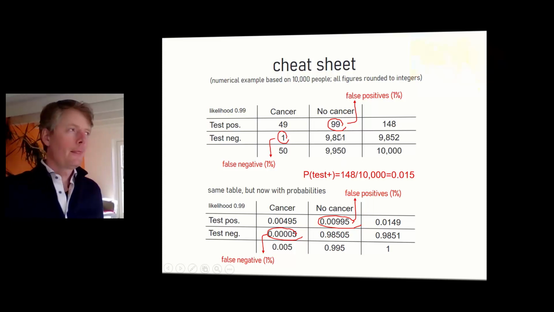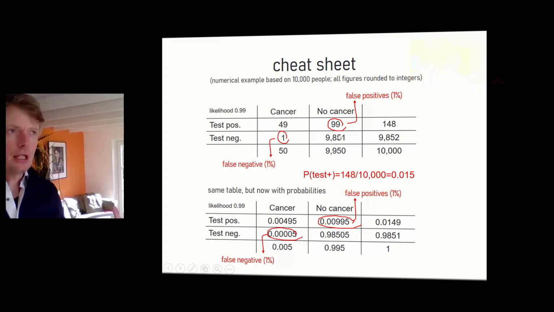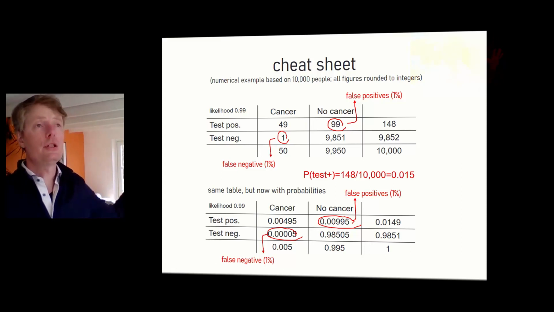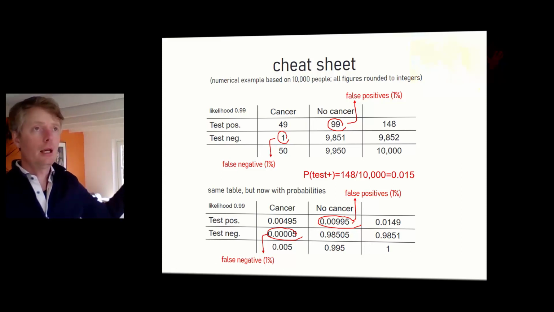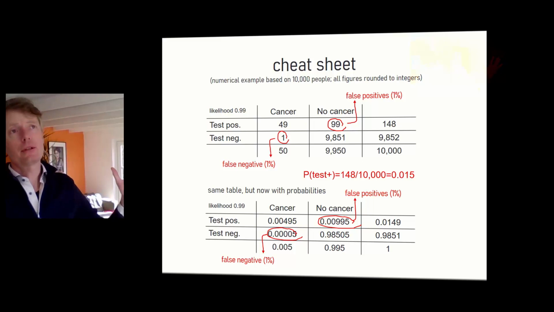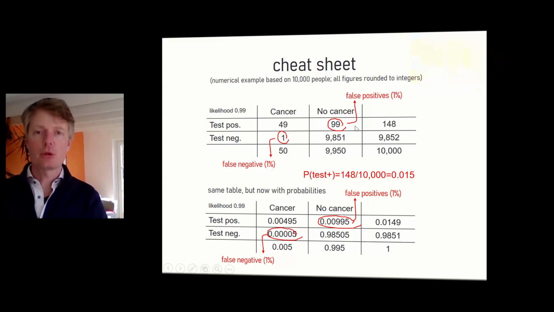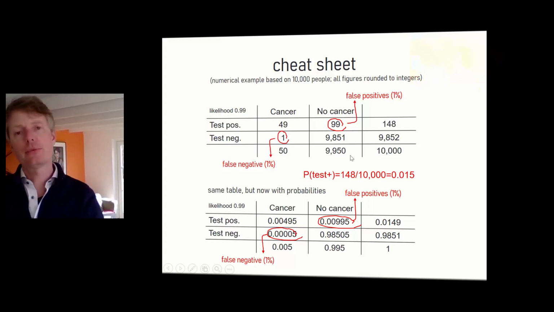The way to think about it is that if you have a huge group of people who do not have the disease, then even with a highly accurate test, for example of 99%, still quite a few, 1% of many is still a large number. So 99 out of those 9,950 get a positive test result, and the rest gets a negative test result.